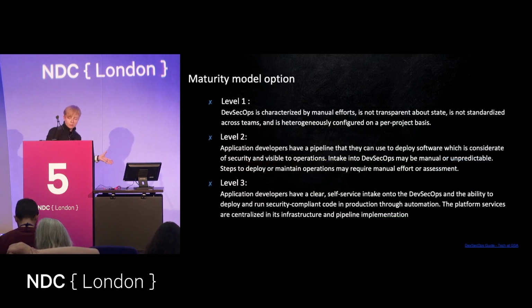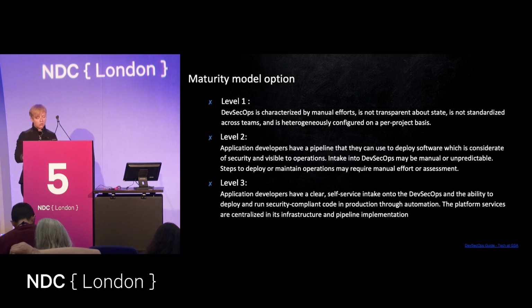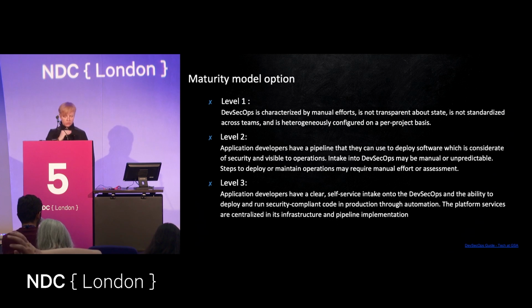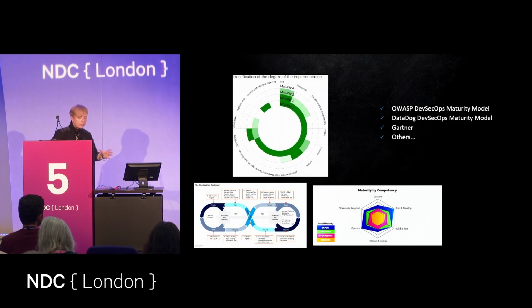There is another example, and this one is, by the way, clearly defined by the US General Services Administration, which strictly defines which level you have when it comes to DevSecOps, like level 1, level 2, level 3. And I gave you just two examples. But once you start to look into maturity models, you will realize that there are plenty of them.